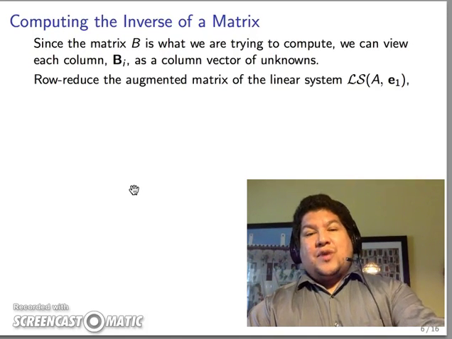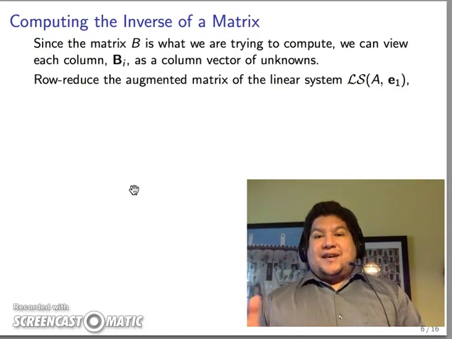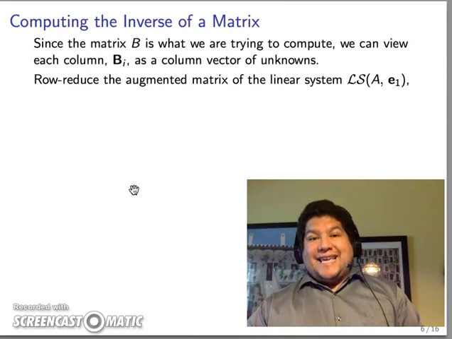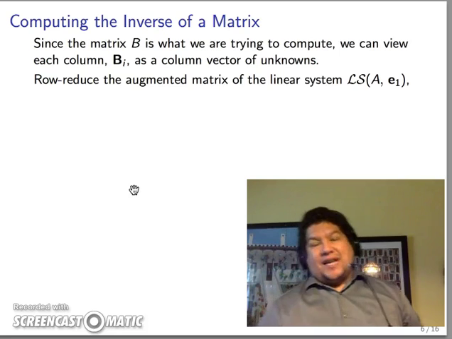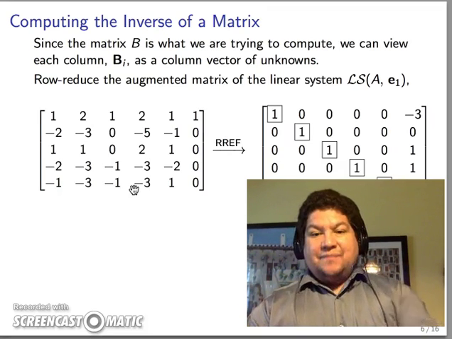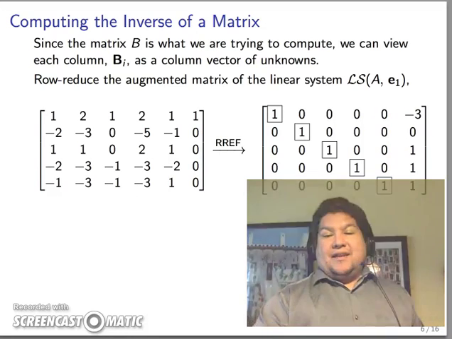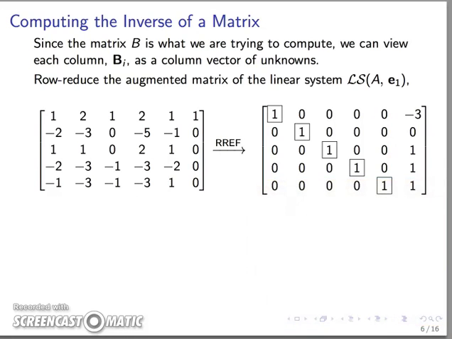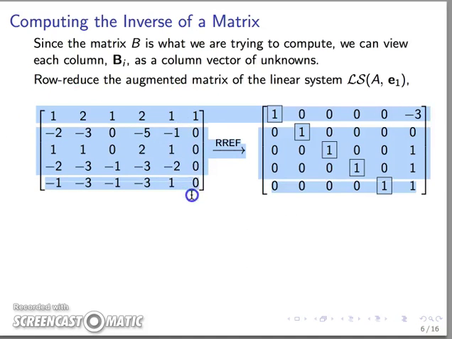So we have the problem in which we consider a linear system with A as the coefficient matrix, and E1 for the calculation of B1. We use the standard unit vector, first column of the identity. So we form the augmented matrix.